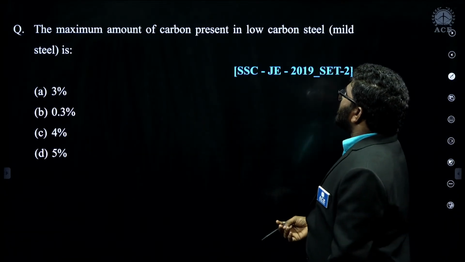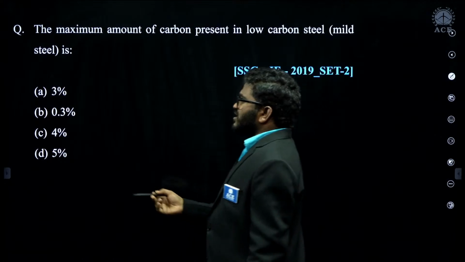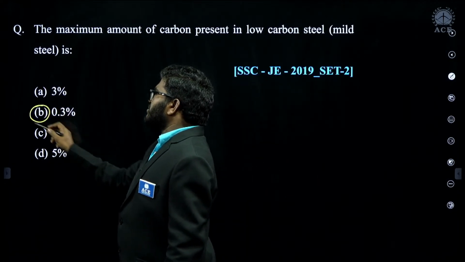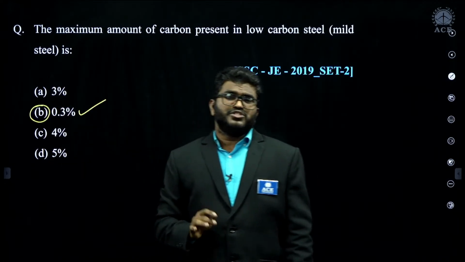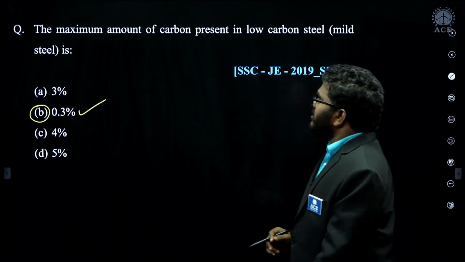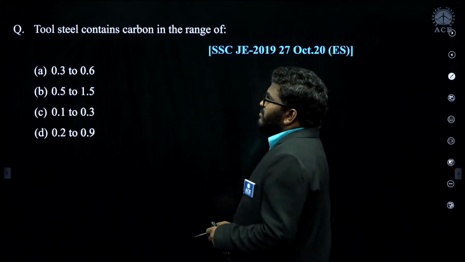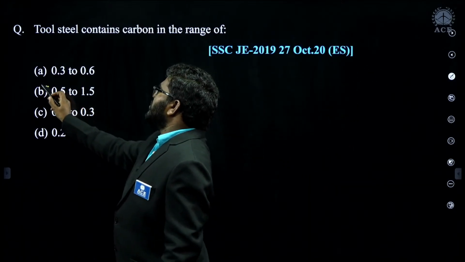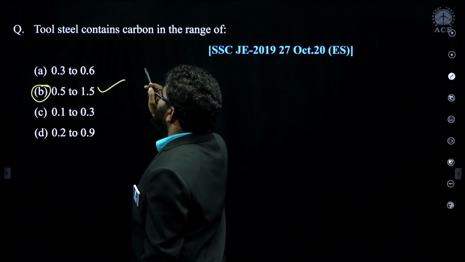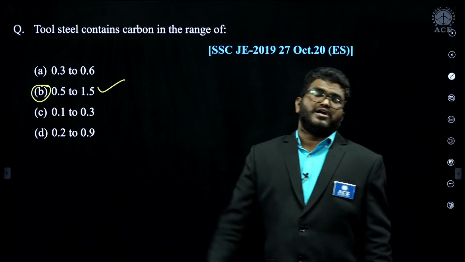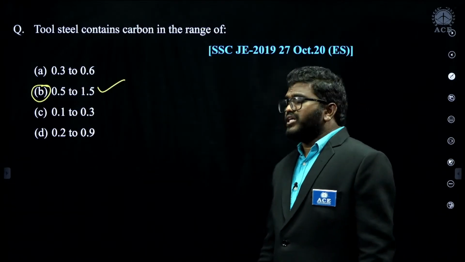The maximum amount of carbon present in low carbon steel is up to 0.3% carbon only. Tool steel contains carbon, remember, 0.5 to 1.5%, because tool steel has a high amount of carbon, so its hardness is more, its strength is more.